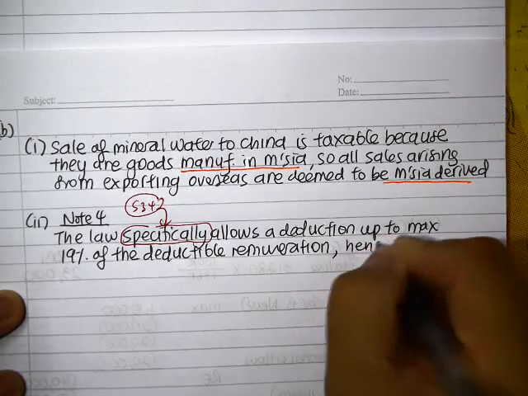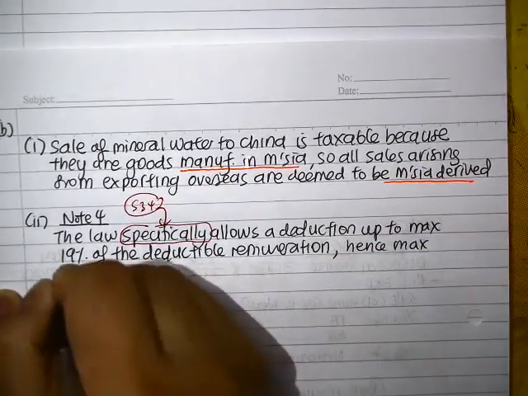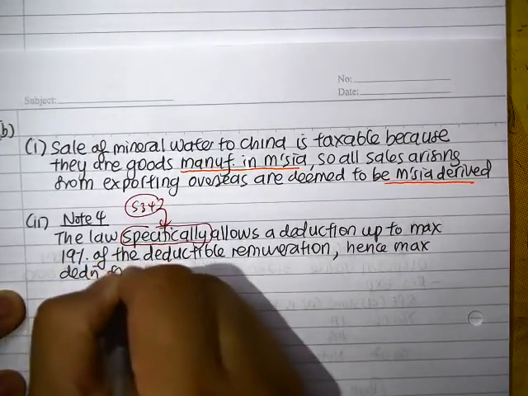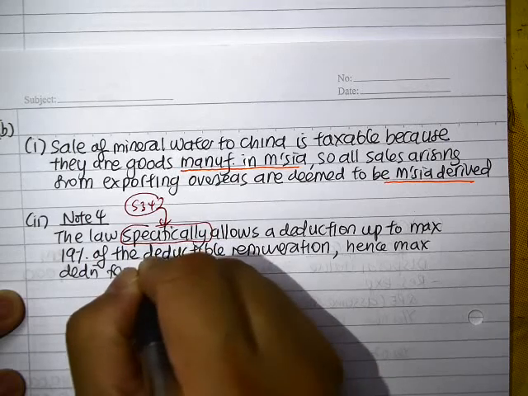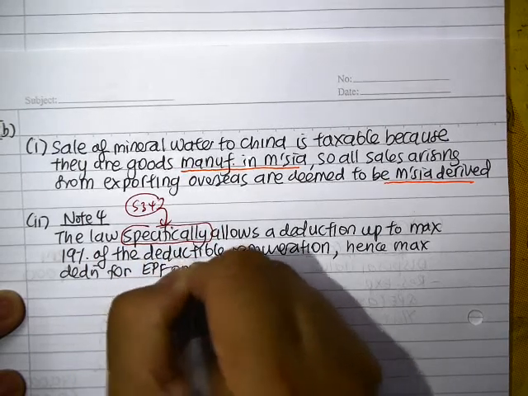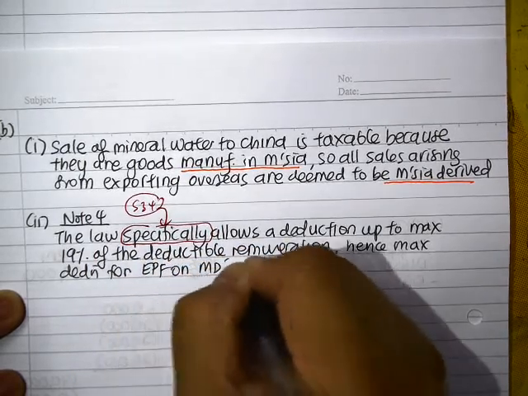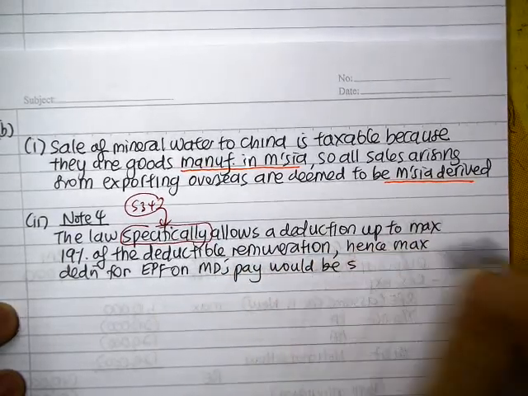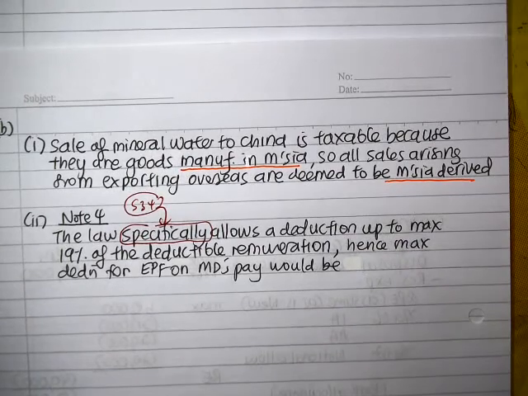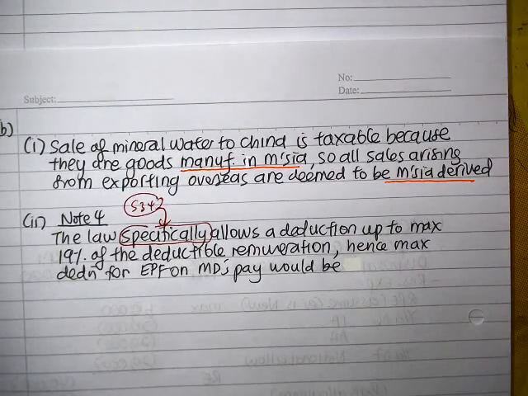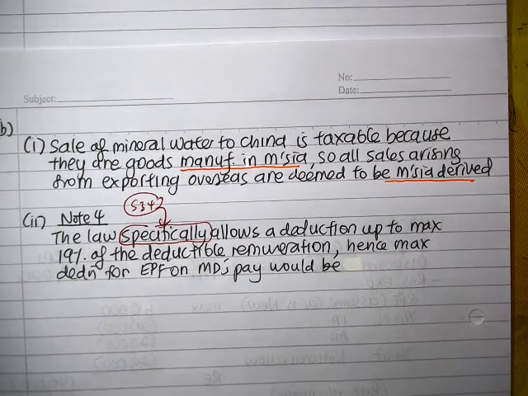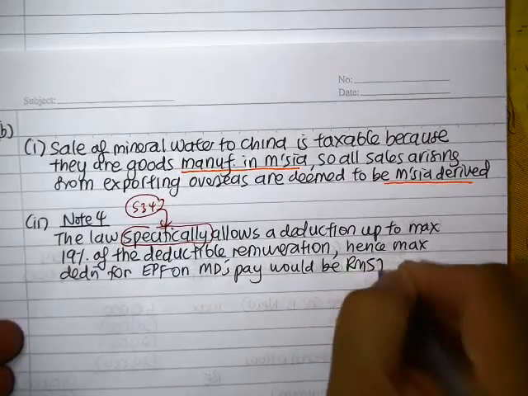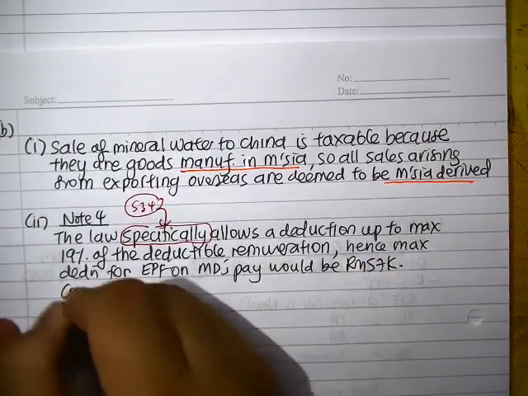So hence the maximum deduction for the EPF on MD's pay would be, so just now we calculated 57.